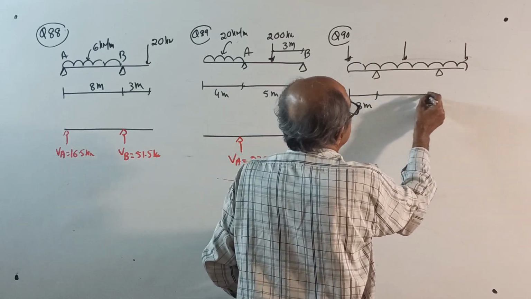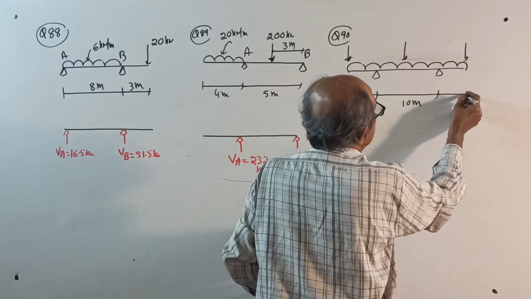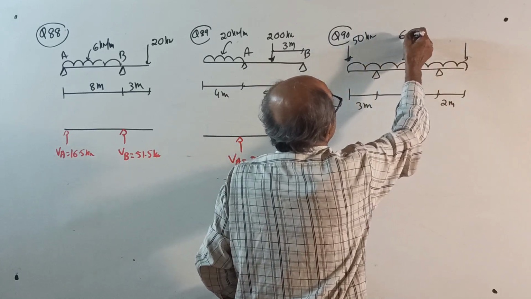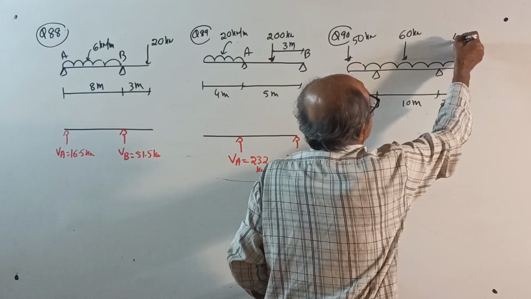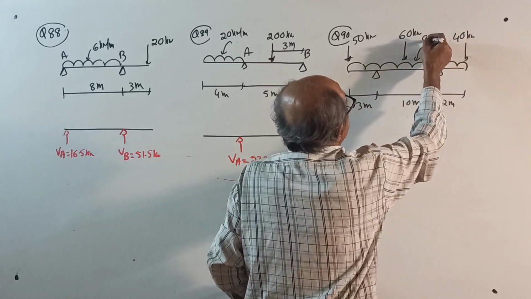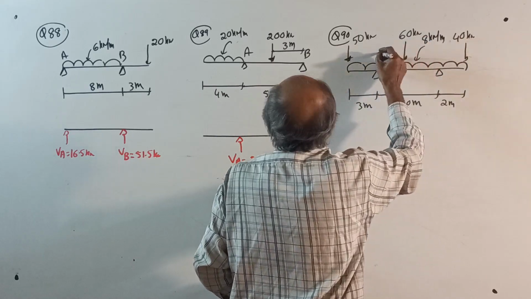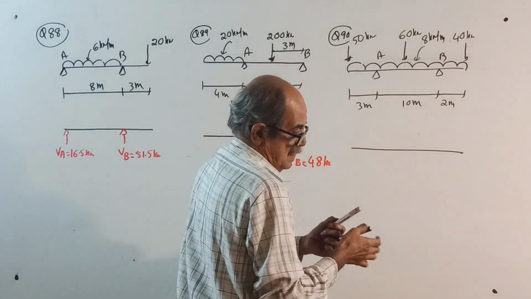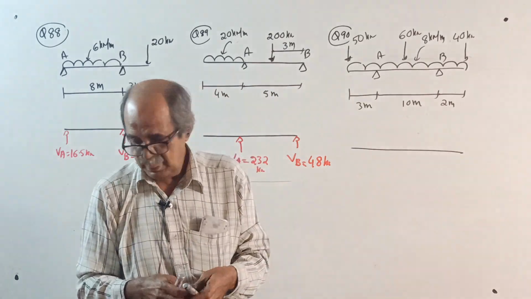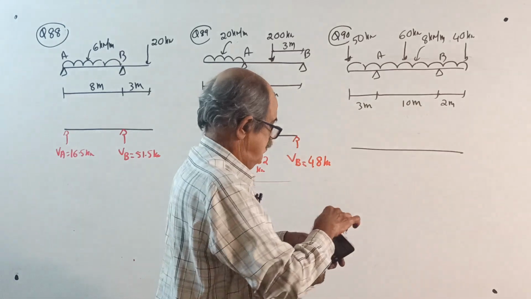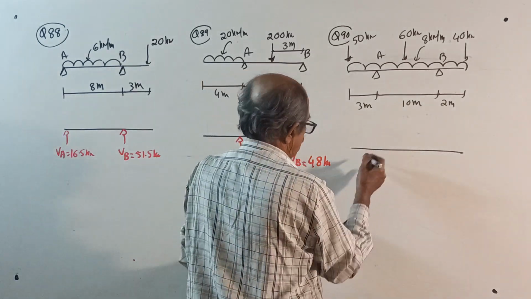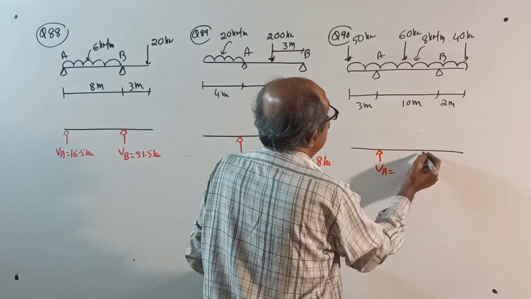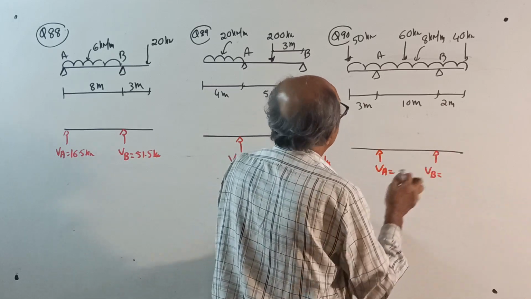3 meter, 10 meter, 2 meter. 50 kilonewton, 60 kilonewton, 40 kilonewton. 8 kilonewton per meter. A, B. Again, I am sure both are positive. I am sure about it. VA equal to VB equal to.